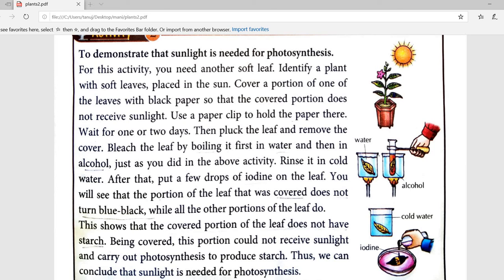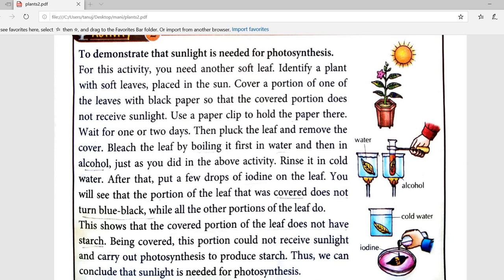But some plants have red, blue, yellow and a little bit of green color. Those types of plants are also able to prepare their food. The process of photosynthesis goes on in that type of leaf also, because even a little green means chlorophyll is present in that leaf.